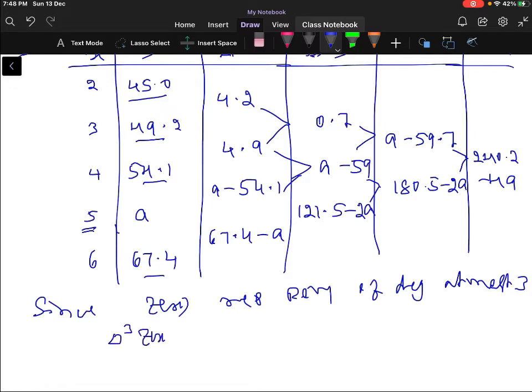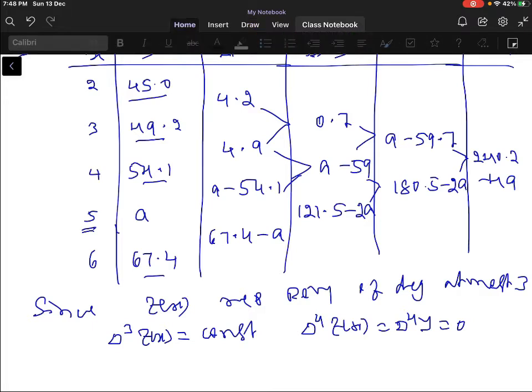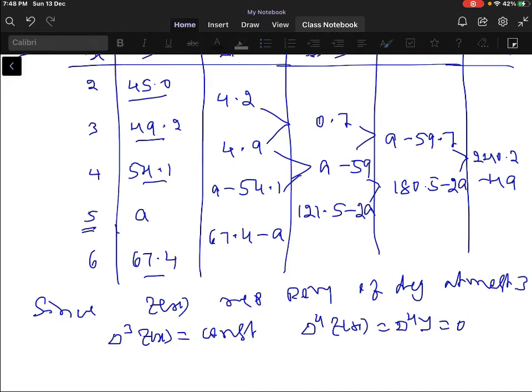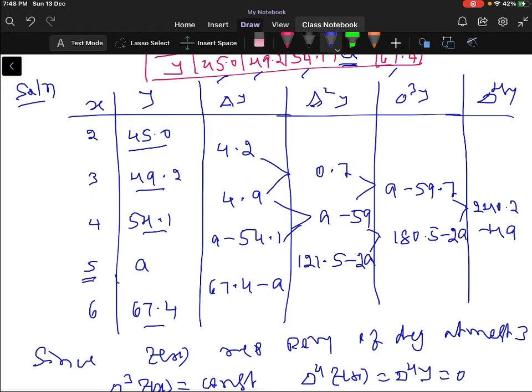Therefore delta cube of f of x is constant, and delta 4 of f of x, nothing but delta 4 y, is equal to 0. So you can observe from the table, delta 4 y is 0.